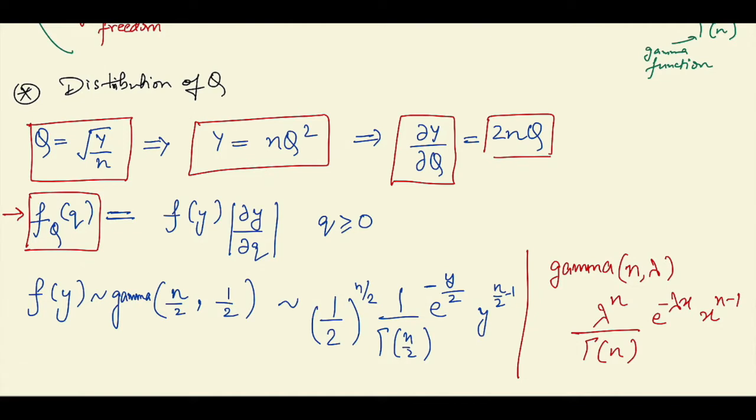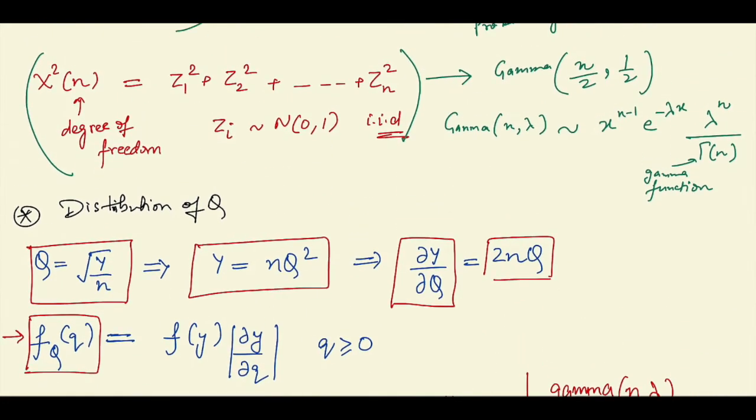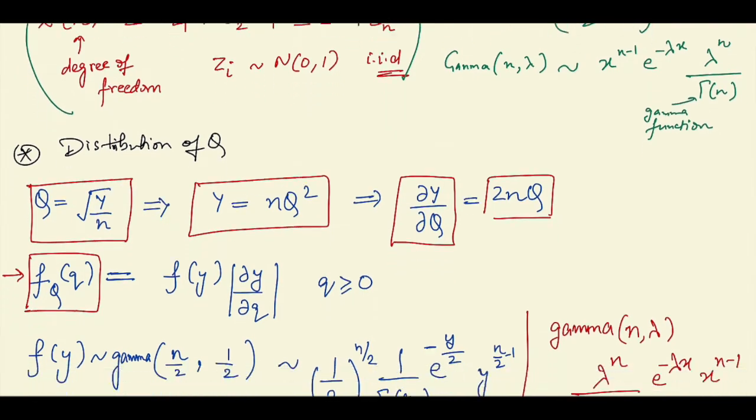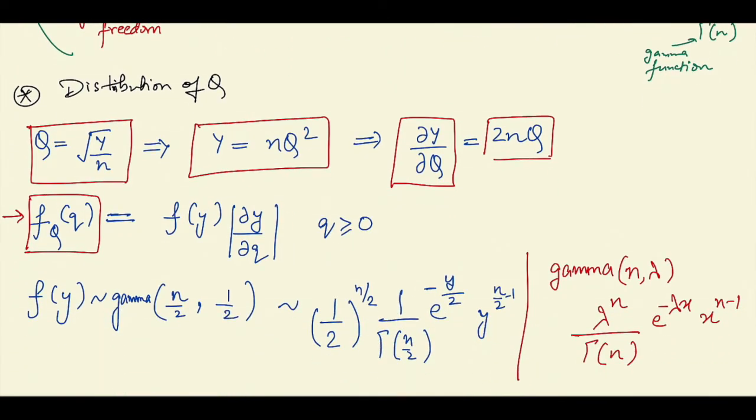Since we know that the gamma distribution with parameters n and lambda is distributed as follows, as we discussed above, the gamma distribution with parameters n by 2 and half would be distributed as follows: half raised to n by 2, e raised to minus 1 by 2 y, y raised to n by 2 minus 1, over gamma n by 2.